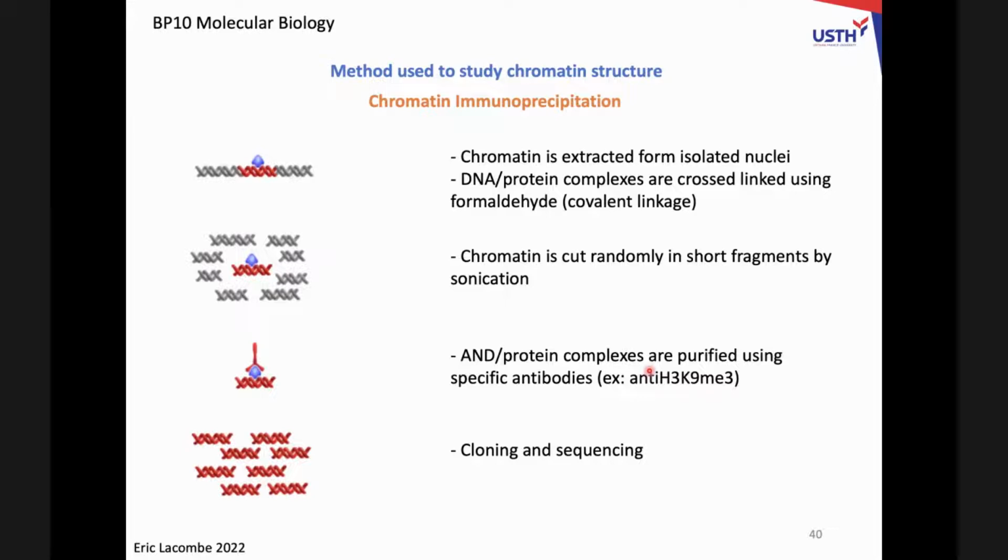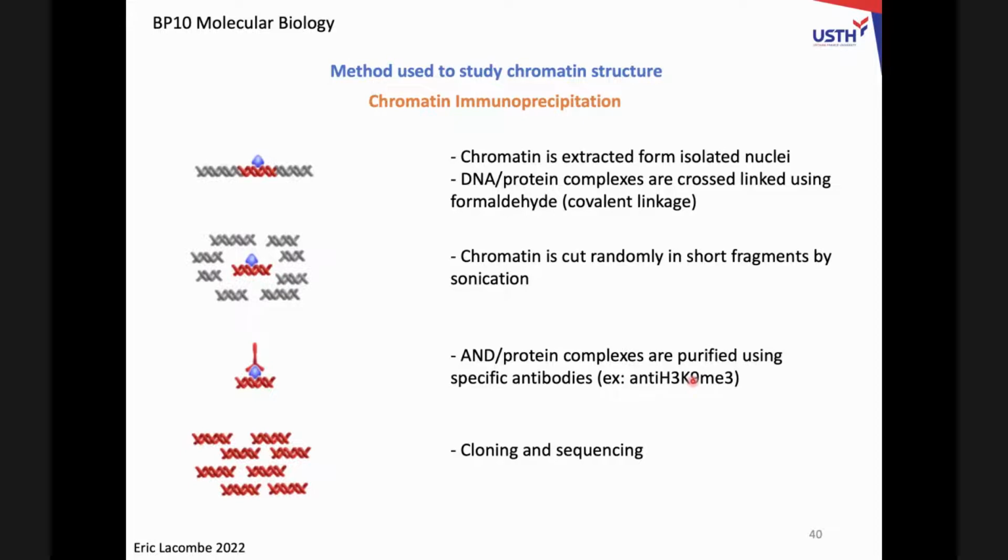In other words, there are companies that sell them, and you can buy an antibody that specifically recognizes, for example, histone H3 that is methylated at position 9.